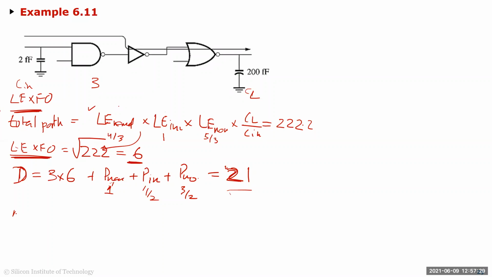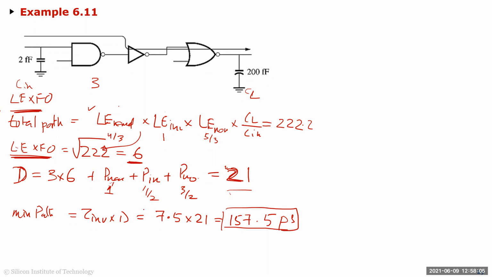So now I can find the minimum path delay as equal to tau of the inverter, which we calculated before as 7.5, times 21, which is equal to 157.5 picoseconds. So that's your total delay.